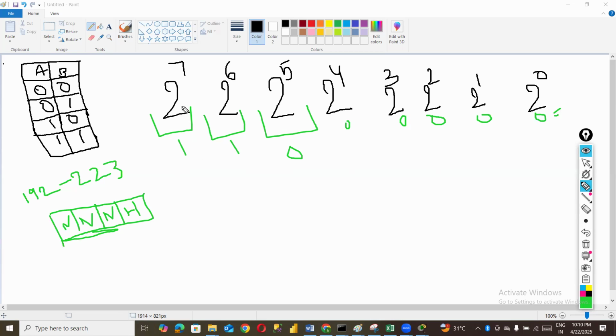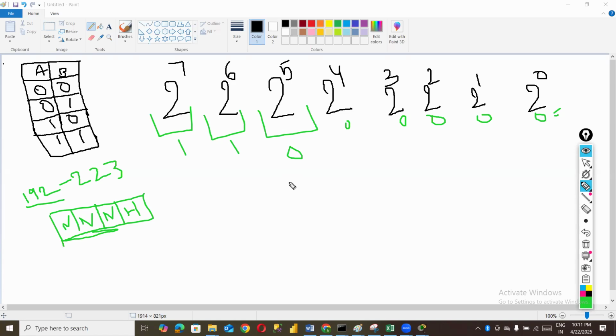Just multiply 1 into 128, 1 into 64. You can write 128, 64 like that, and the rest all remain 0. So here 128 plus 64, how much? 192, right? So this is our minimum value.